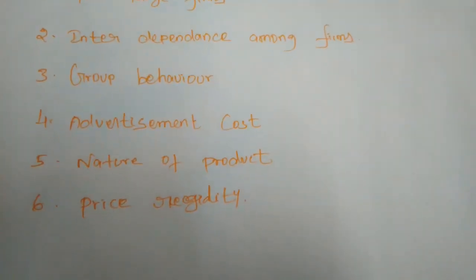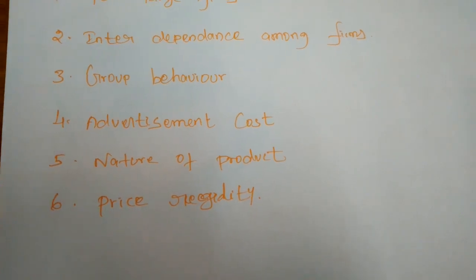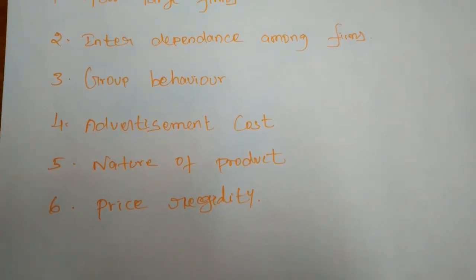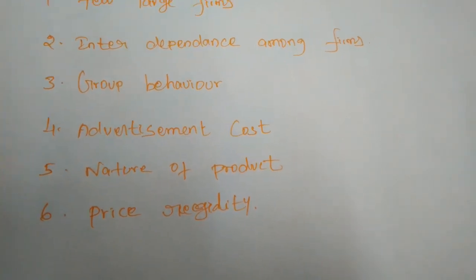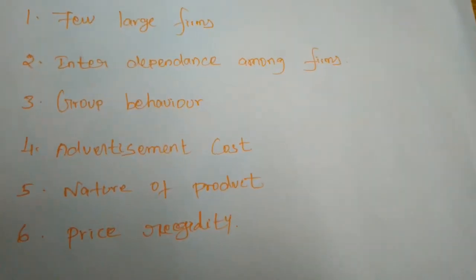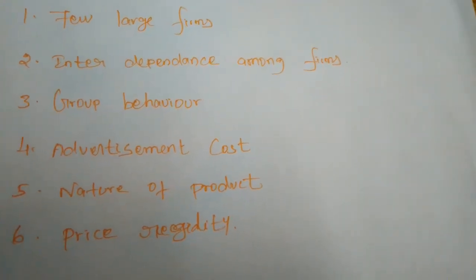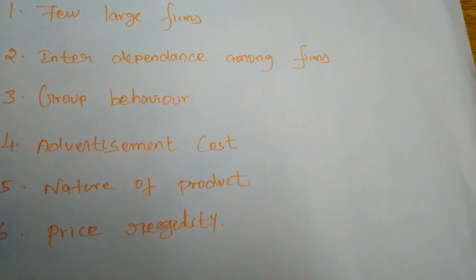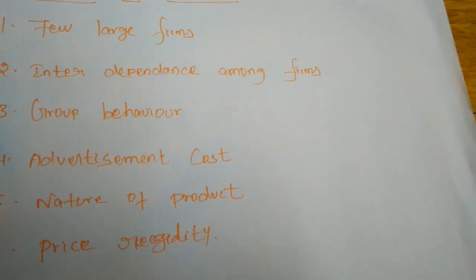Next is the nature of the product. Perfect oligopoly means homogeneous products, and imperfect oligopoly deals with heterogeneous products. When companies produce heterogeneous products, there is no perfect competition; some imperfect competition will be there.